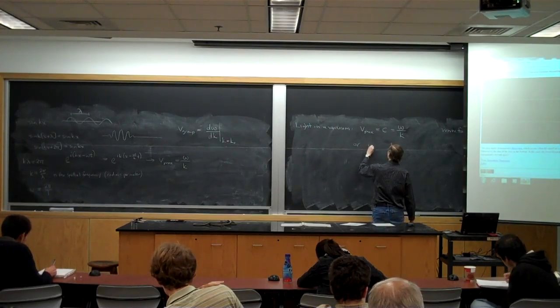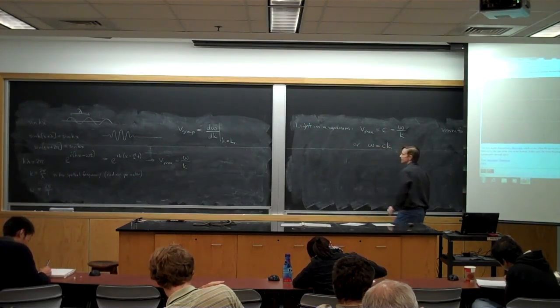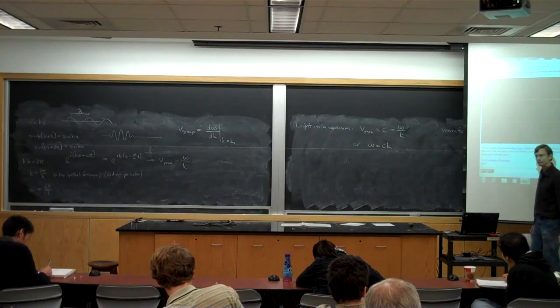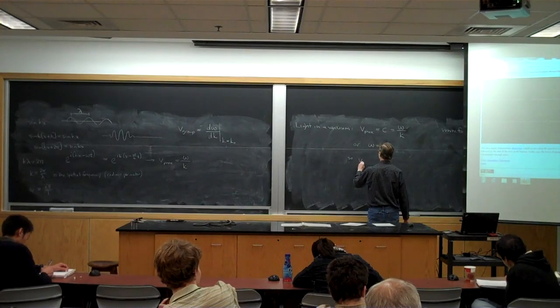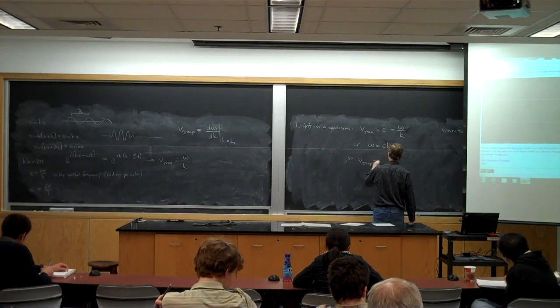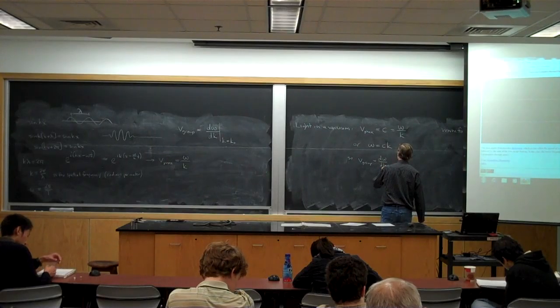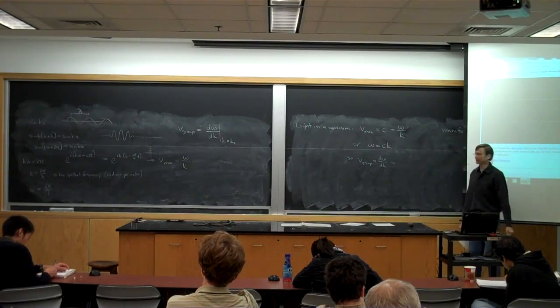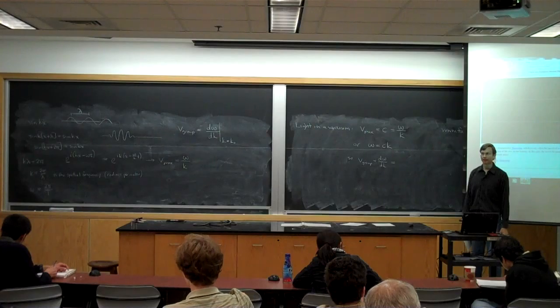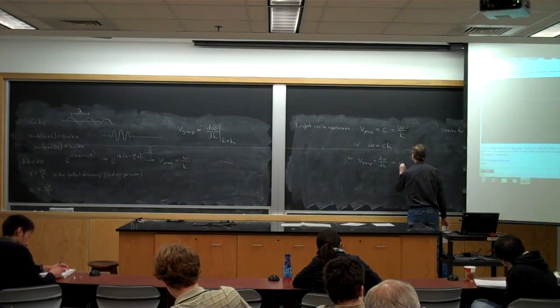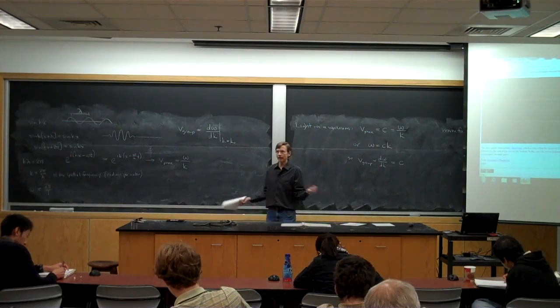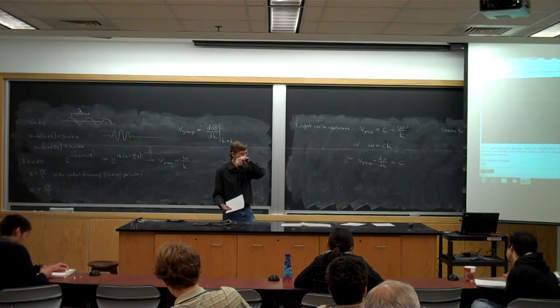Or in other words, omega is c times k for light waves in a vacuum. So v group for light waves in a vacuum is d omega dk, which is c. If omega is ck, then d omega dk is c.